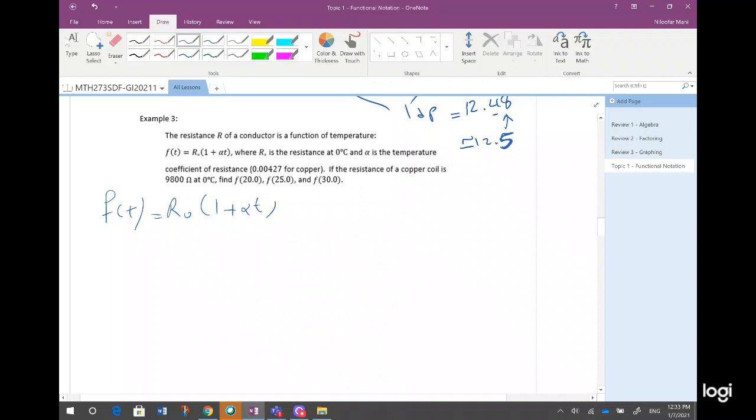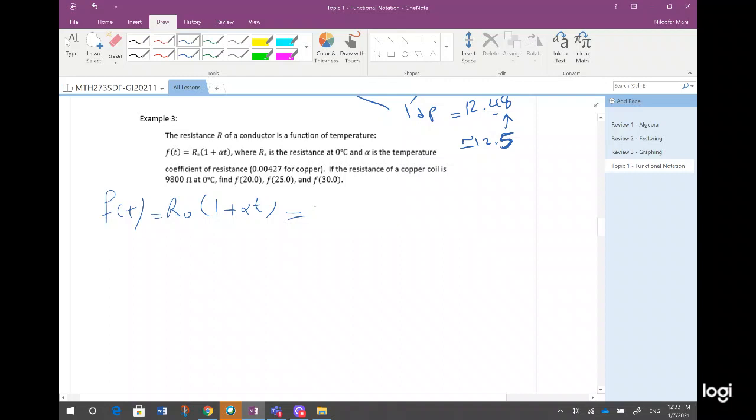In this case I need to say what R0 is. R0 is the resistance at 0 Celsius, and alpha is the temperature coefficient of resistance, which I can use here. So if the resistance of a copper coil is this, find the result here.